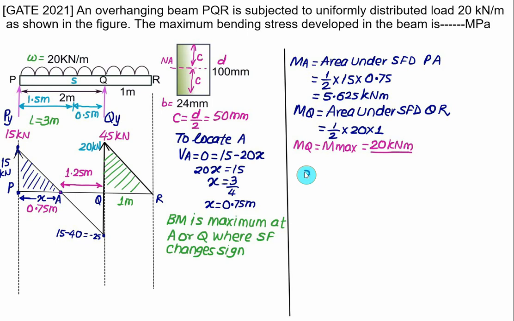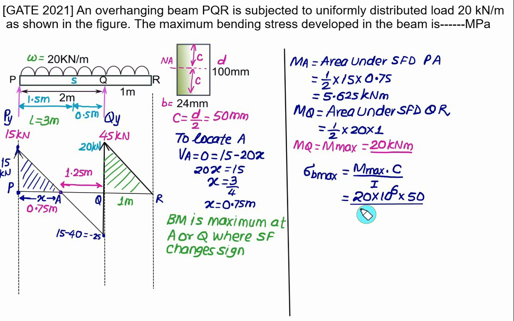So by the flexure formula we have the maximum value of bending stress equal to the maximum value of bending moment multiplied by the top fiber or bottom fiber distance c, and in this case both distances are the same, divided by I. So we have maximum bending moment equal to 20 kilonewton meter, so we will multiply by 10 to the power 6. c is equal to 50, divided by bd cube by 12.